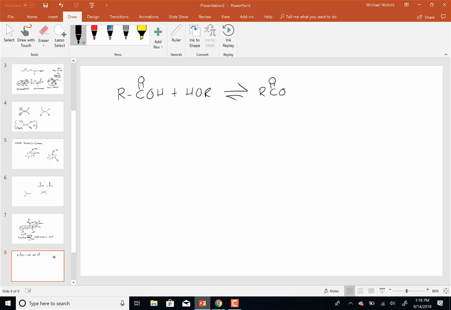The way you traditionally make an ester is to react carboxylic acid with an alcohol in the presence of an acid catalyst, but we'll talk about that later. You react the acid with the alcohol and you make the ester.